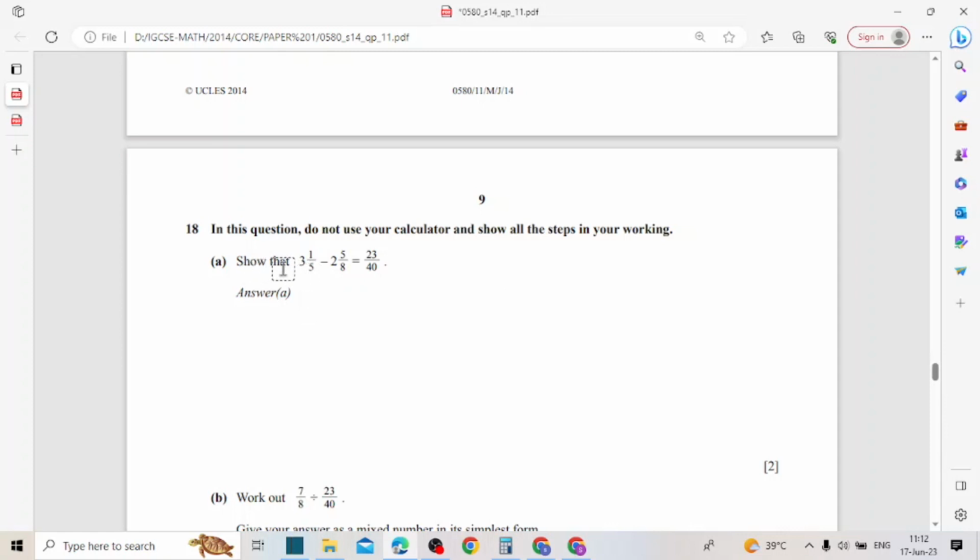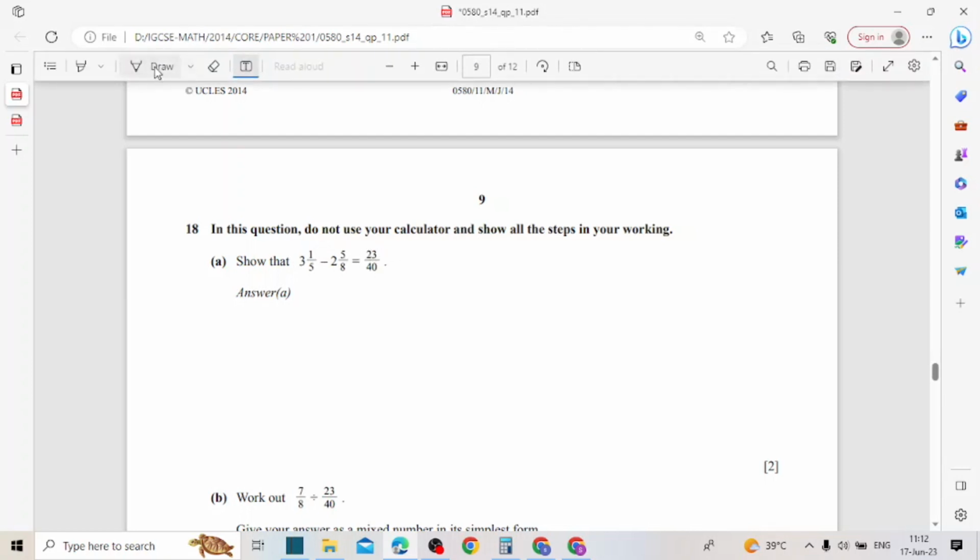Now, show that 3 1/5 minus 2 5/8 is equal to 23/40. So this is the one we will simplify to get what is here, 23/40.